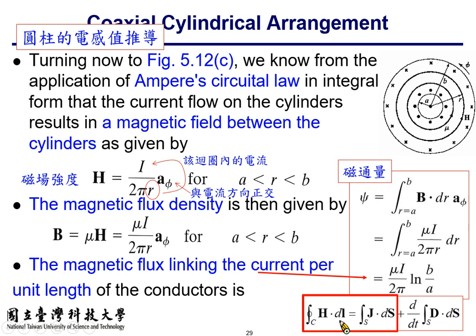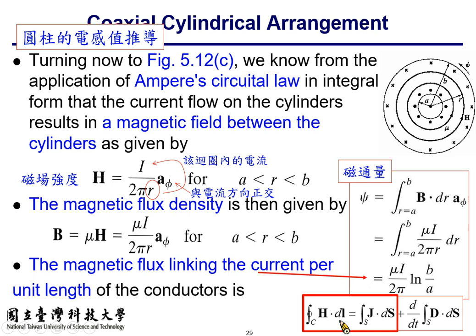So the surface integral is taken on this region, in the phi direction, and it's a long strip extending in the z direction. So you're taking the surface integral of B passing through these blue strips.